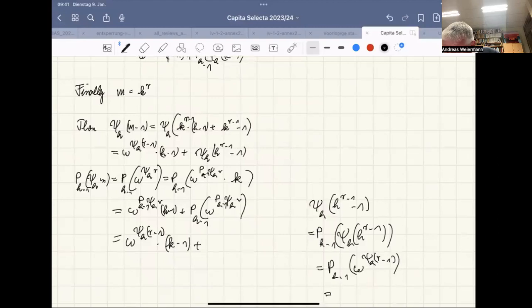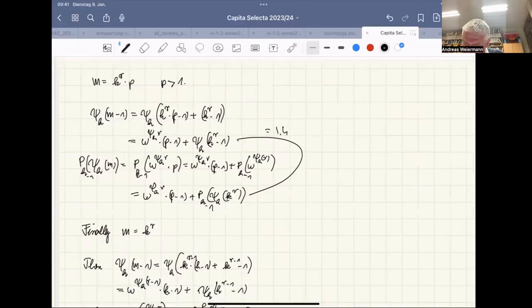This is the same as pk minus 1 of omega to pk of ck of r. And so this term here is the same as this term here. Fine.